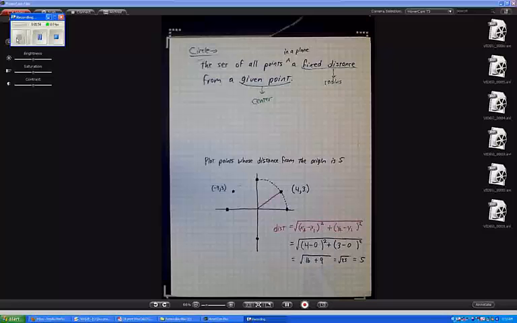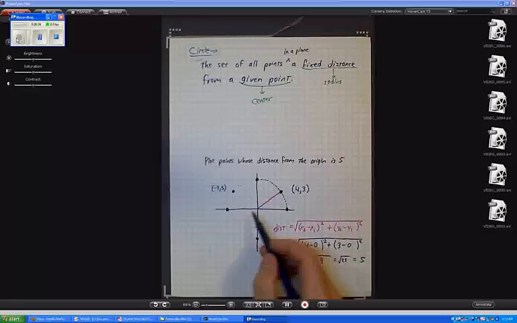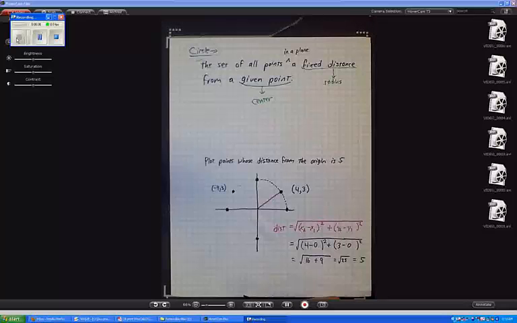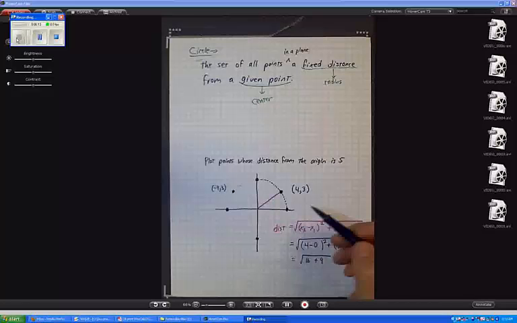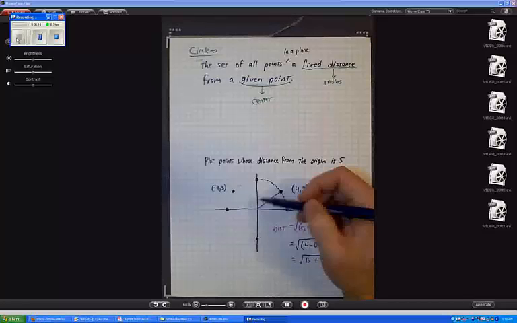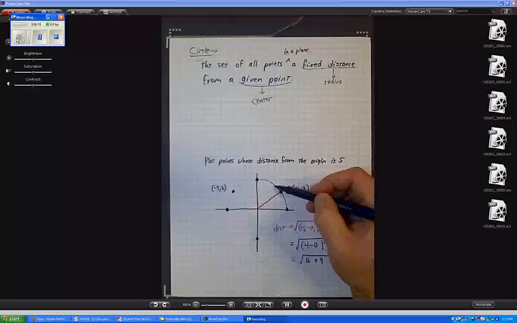How about another point? What do you have? Sure, negative 4, negative 3. How about another point? 4, negative 3. How about another point? How about 3, 4? What do you guys think? If I do 3, 4, you'll see that's right on the circle as well.